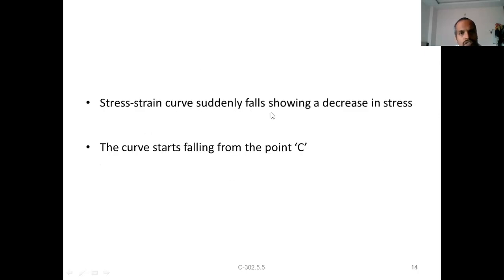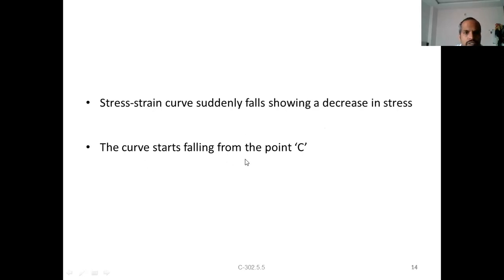The stress strain curve suddenly falls, showing a decrease in stress. After this yield point, the curve suddenly falls. Stress decreases, but the strain still increases.